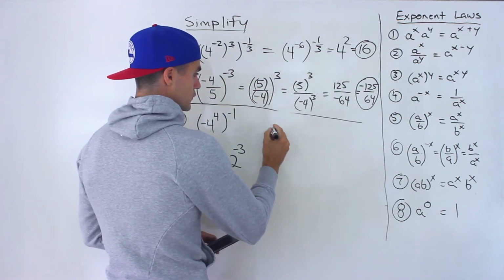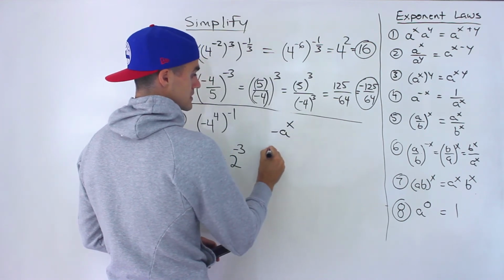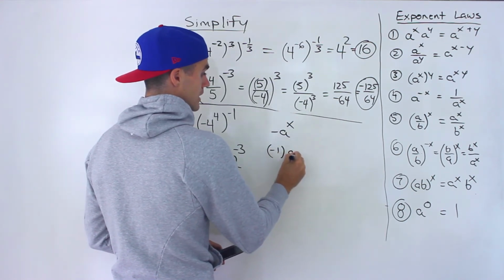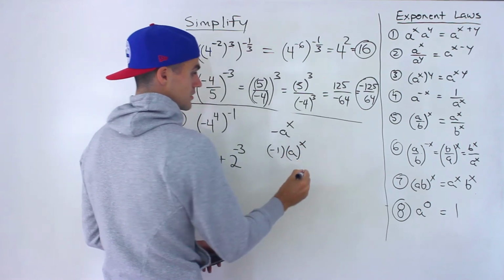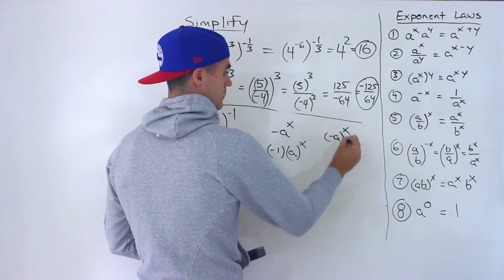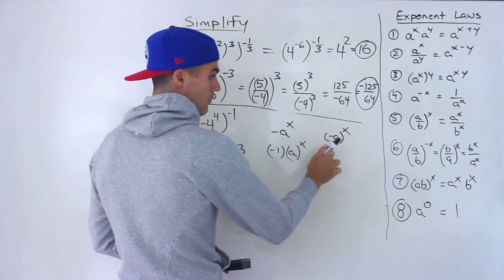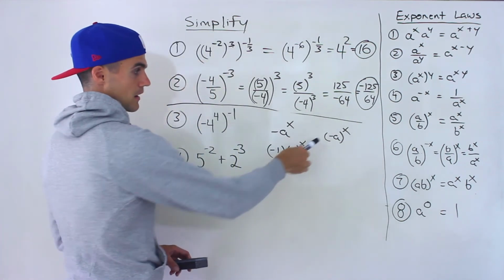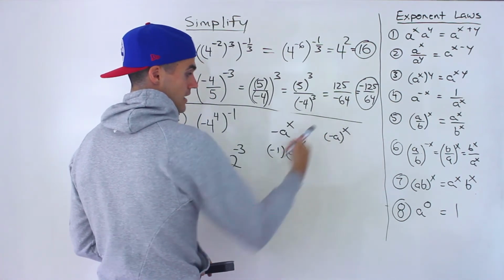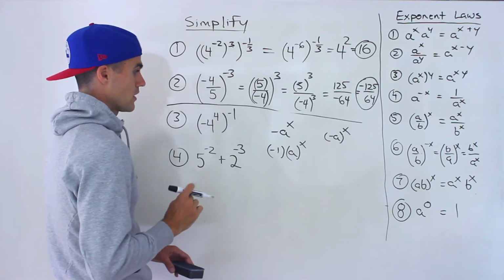If you got -a to the power of x, this is like -1 times a to the power of x, versus (-a) to the power of x, which would be -a multiplied by itself x times. Right, so just be careful with that.